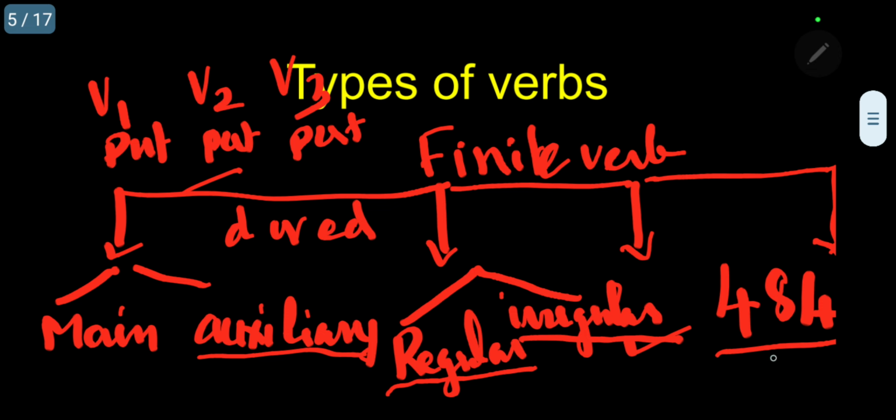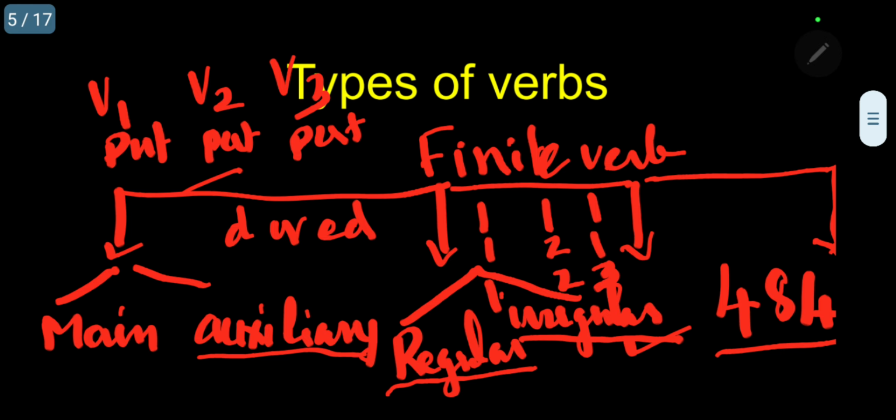These irregular verbs I can classify into three types: 1-1-1, or 1-2-1, or 1-2-3. That is, all three same, two same, or all three different.